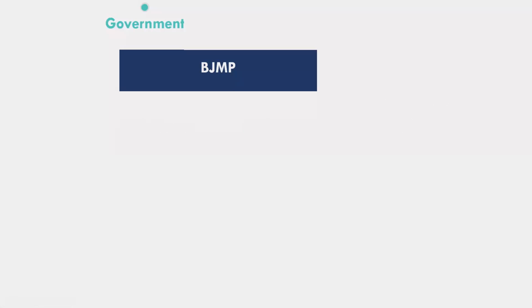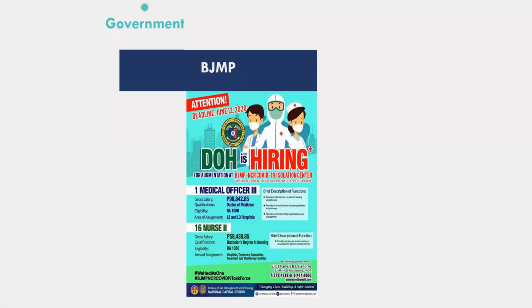Although I found a poster on the DOH website about the intention to hire nurses to be assigned to BJMP, specifically for this pandemic. The DOH intends to hire 16 nurses as Nurse 2.